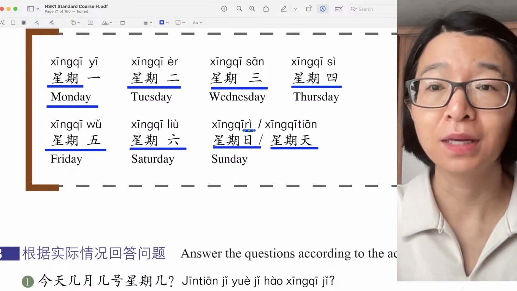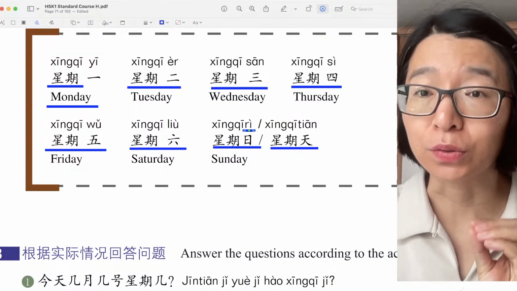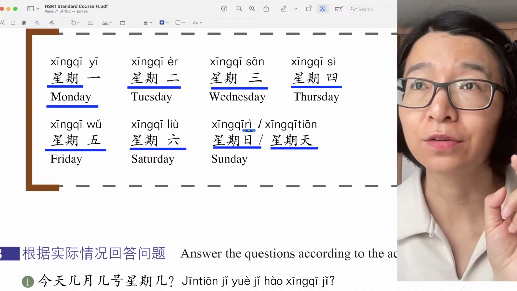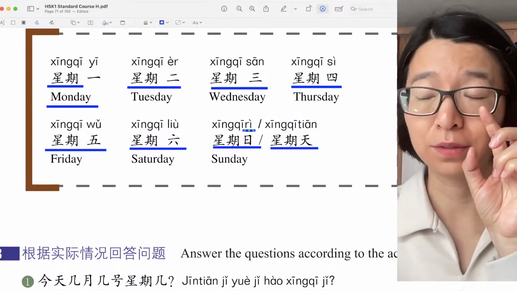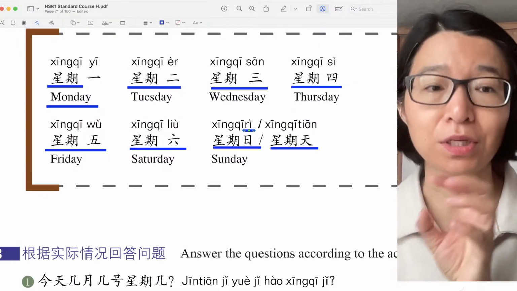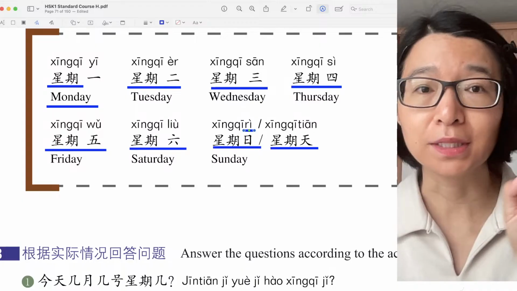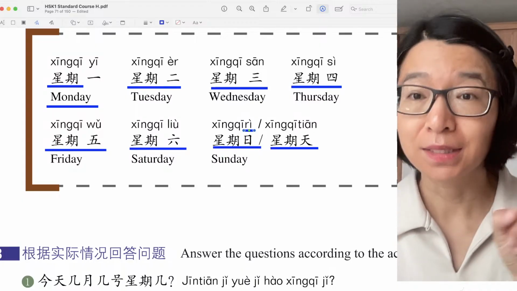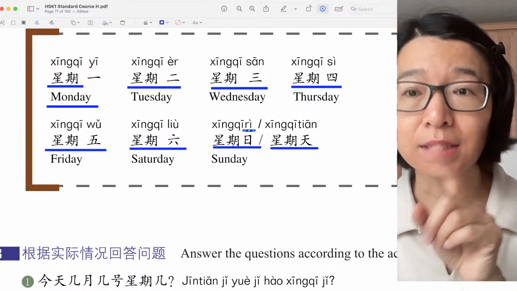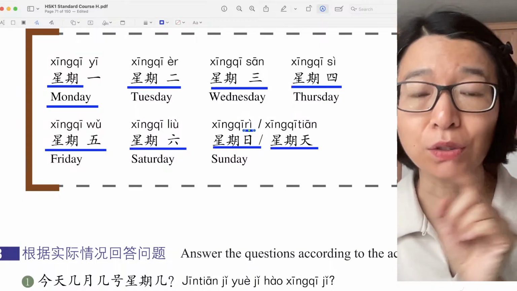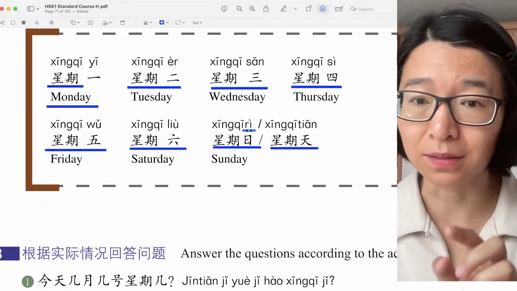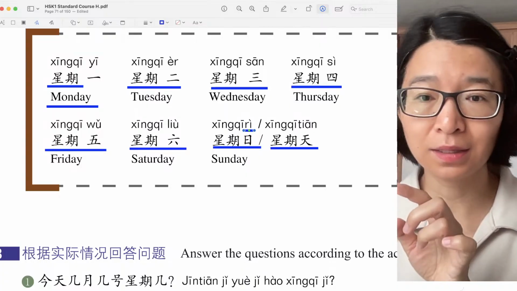Okay, now let's say days of week together. Follow me. Just pay attention to the tones. 星期一, first tone, which is the highest pitch for each character of this syllable. 星期一, 星期二, 星期三, 星期四, 星期五, 星期六, 星期日, 星期天.